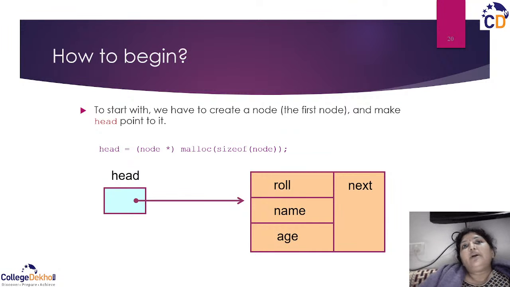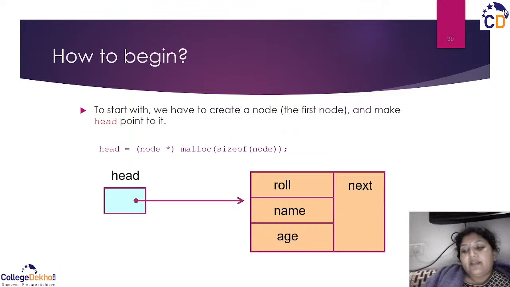Traversing means you are just following the elements in the linked list. Whereas in an array, you can directly access the elements with the help of the index.